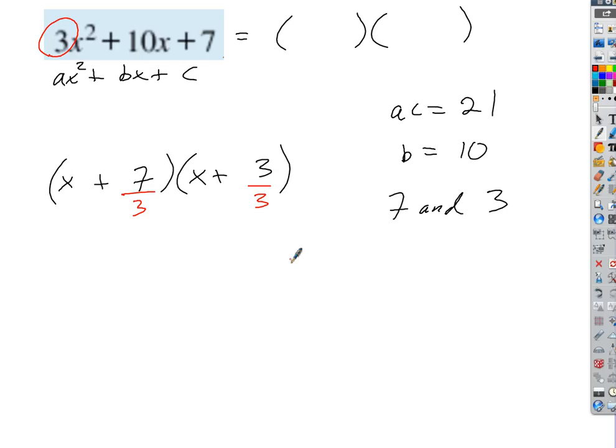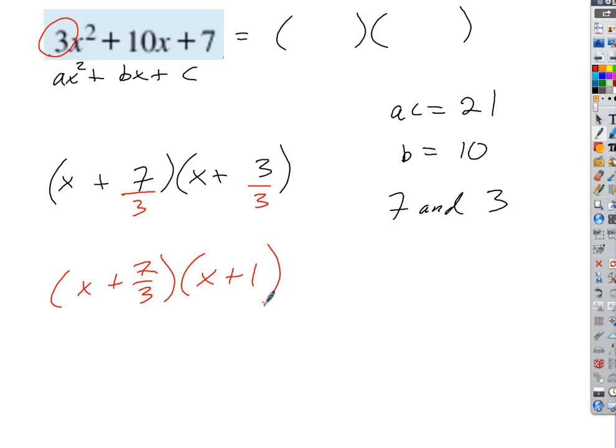Can we reduce 7/3? No, we're stuck with 7/3. 3/3 reduces to 1. So this one becomes x plus 1. So this factor's done, right? If it reduces to a whole number, or an integer, could be negative, then we just leave it.